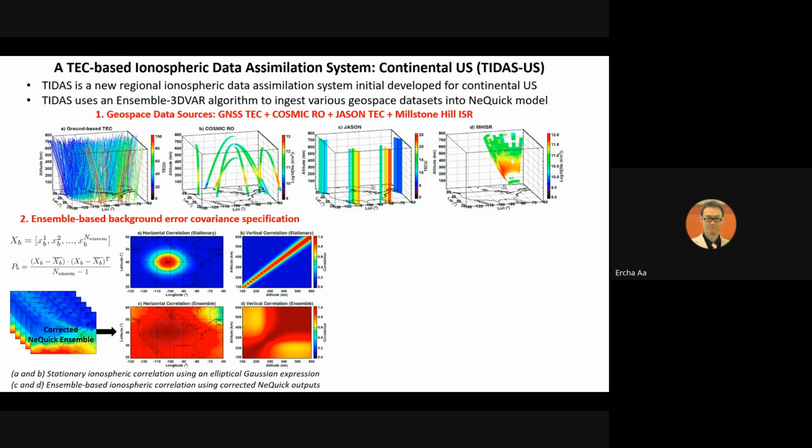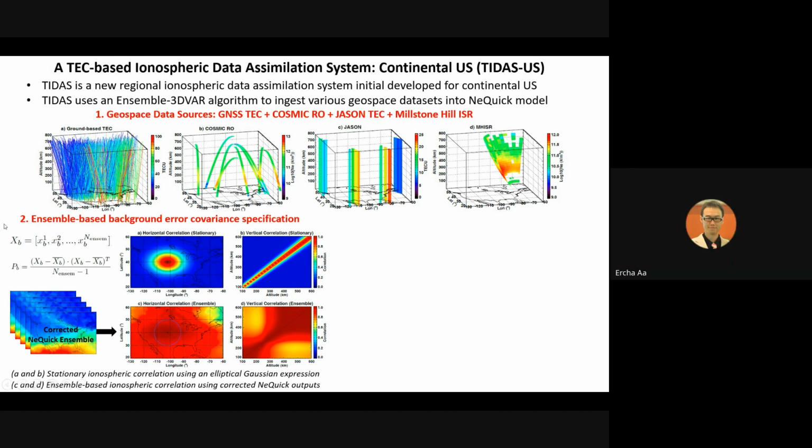So the Jason TEC is the vertical TEC above the ocean surface all the way to 1,300 kilometers, while the ground-based TEC is all the way to the satellite altitudes. When we do the data simulation, we cut the region between 100 to 800 kilometers. So for all those TEC, we calculate their proportion within this altitude region for the data simulation. Okay, thank you.